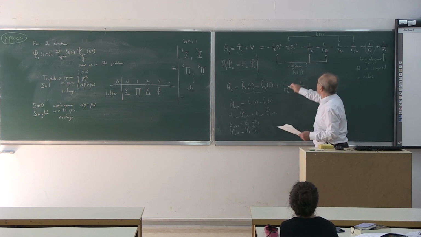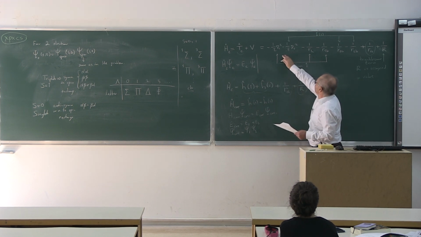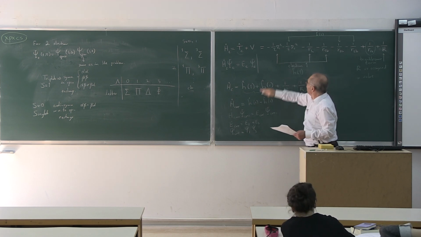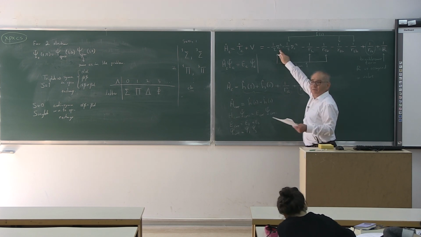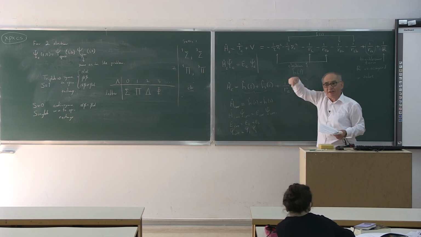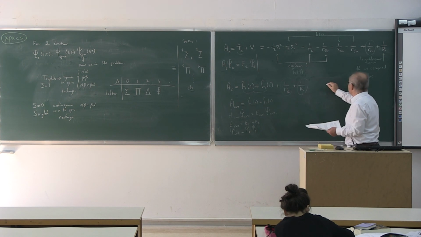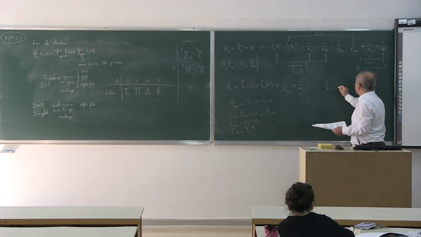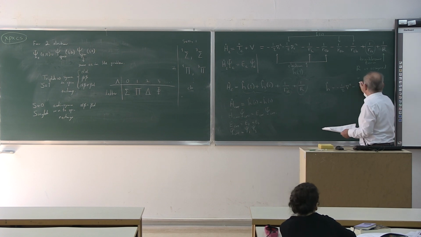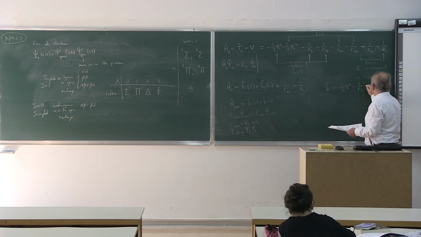H1 and H2 have identical mathematical structures except for the label. In H1 we attach number 1 for the electron. In H2 we attach number 2 to the same expression. What is the expression? It is this. Minus 1/2 del square minus 1 over RA minus 1 over RB.